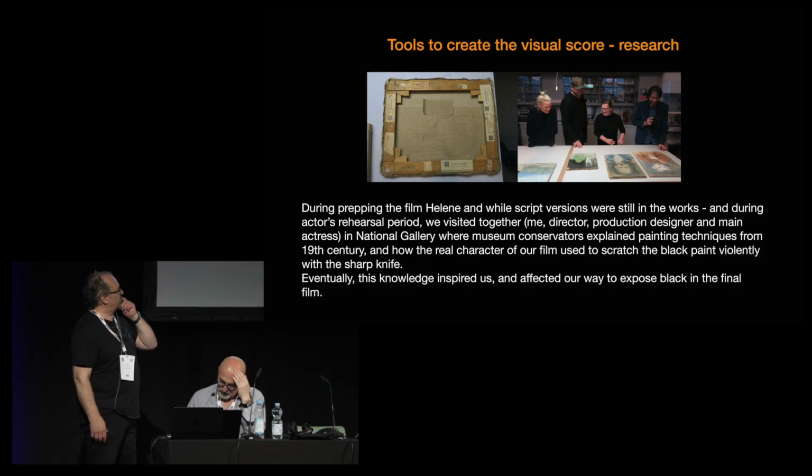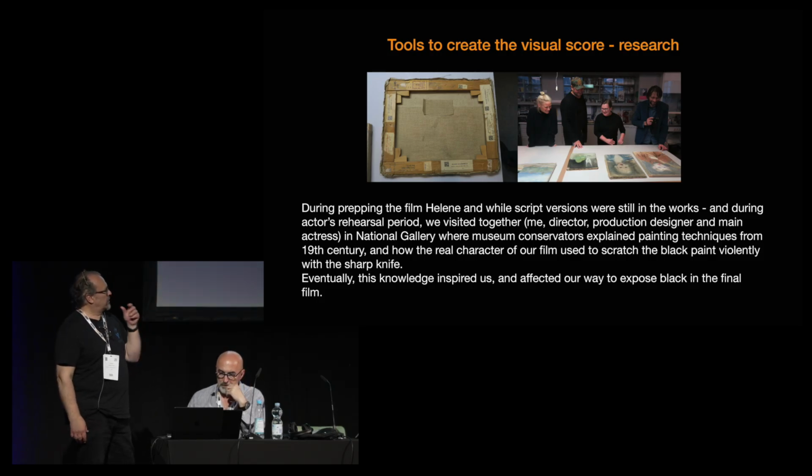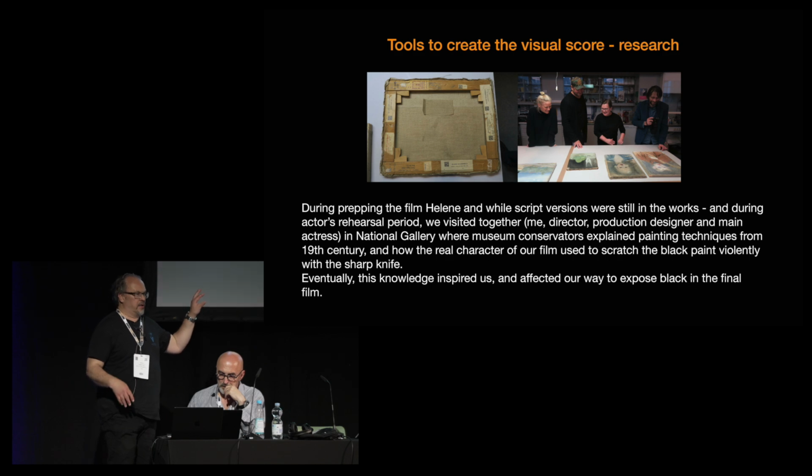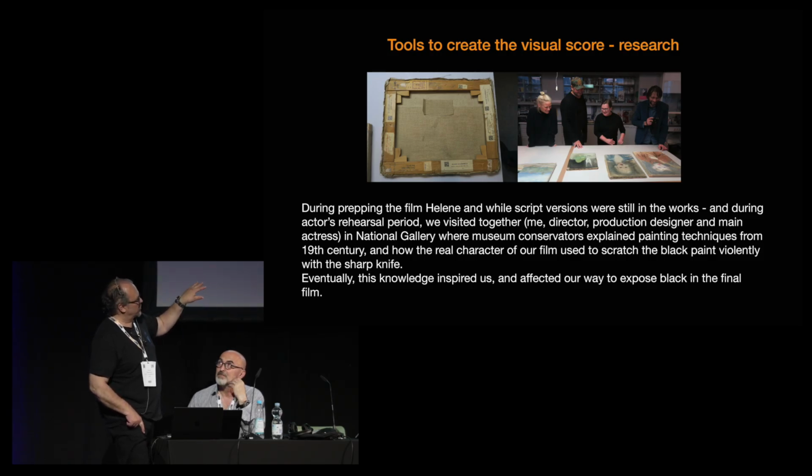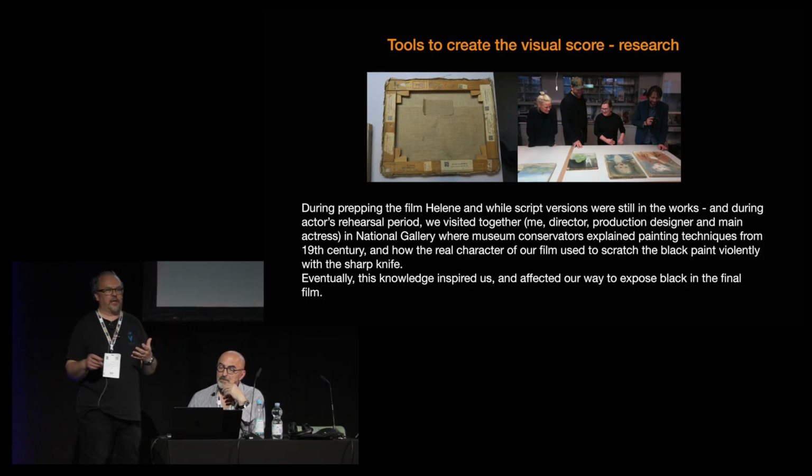This is an example from the film Helene, where at the point when they were still writing some version of the script, and the actors had rehearsals going on, we all went together to the National Museum, and the conservators were showing us how the actual character was painting paintings.